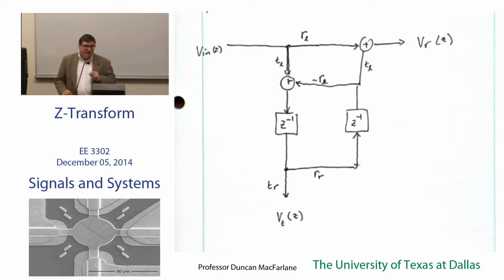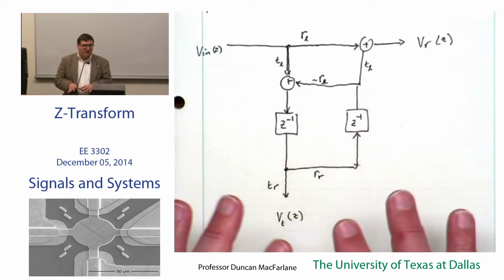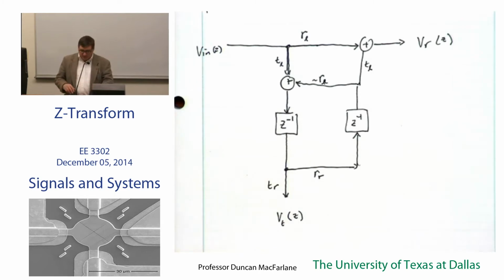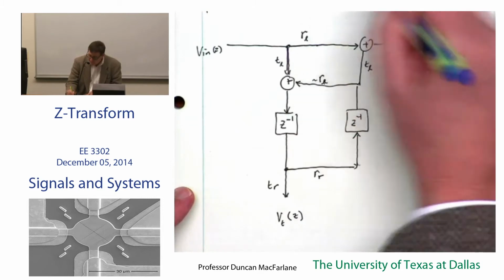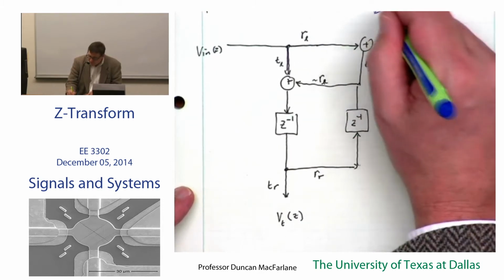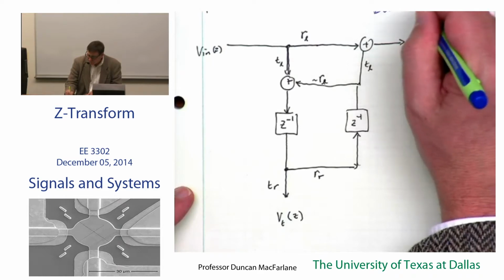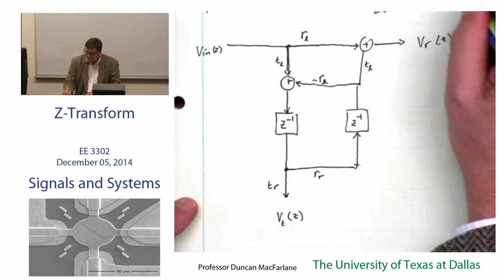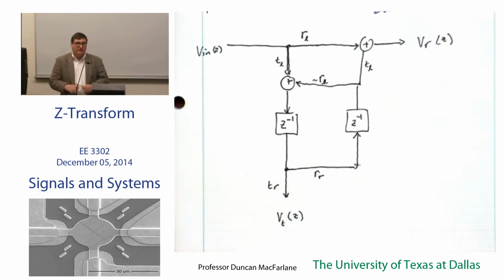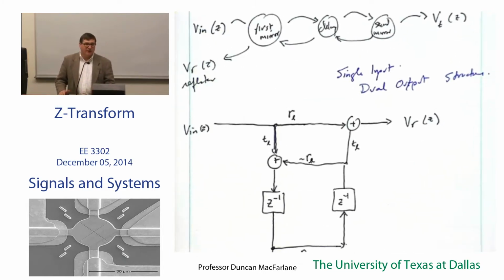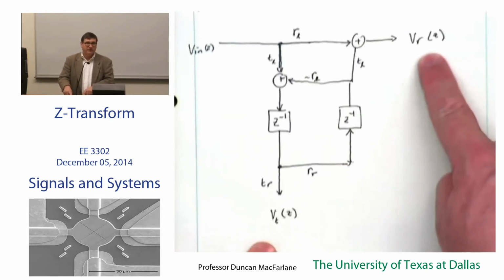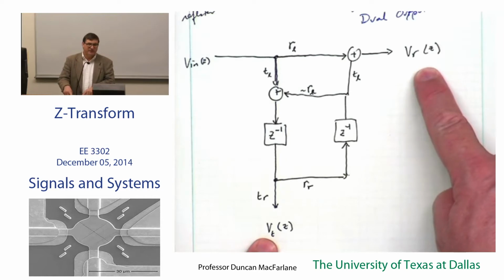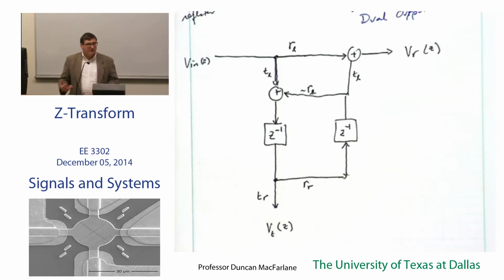Something pops out at me now that didn't earlier on: this is a single input, dual output structure. One input actually gets split up into two outputs, the transmitted and the reflected wave. So that's kind of cool, right? Filters don't always have to be one input, one output.